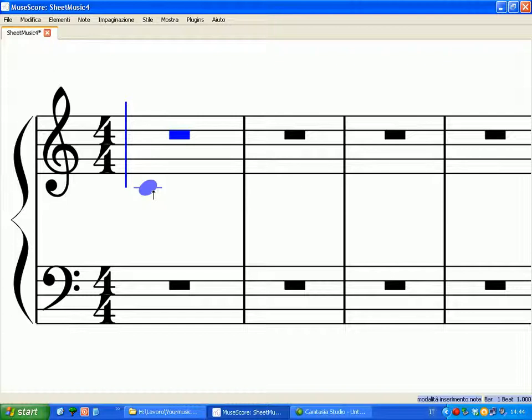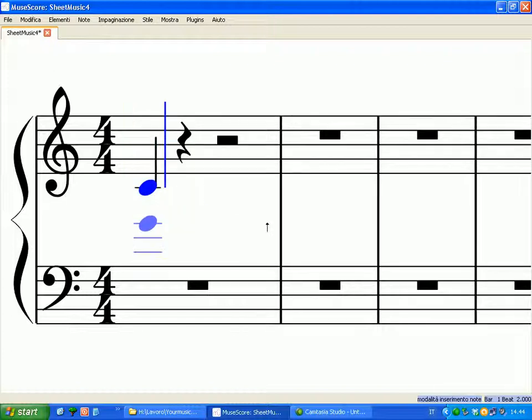So the ledger line, as we said before, is a horizontal line, but instead of the whole line, we write only a fragment of the line. So this is the way to write the middle C of the piano.